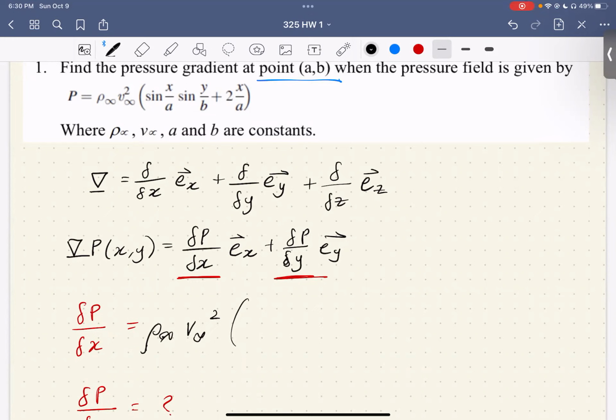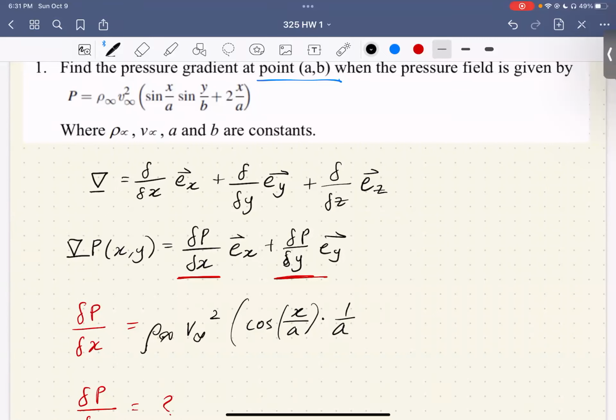So first we have sine x over a. So that becomes, as we know, cosine x over a. Then we have chain rule times whatever the derivative of inside the expression. So that is 1 over a.